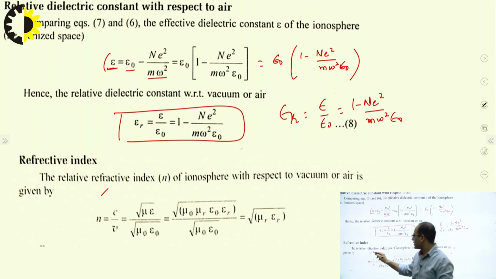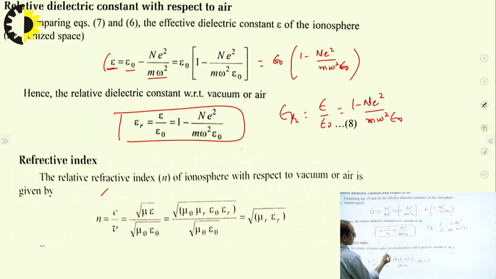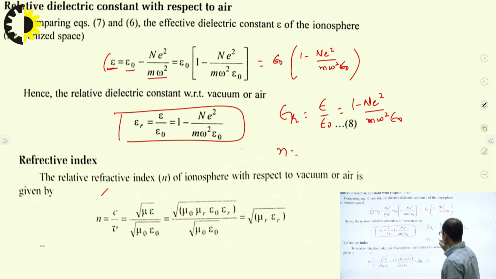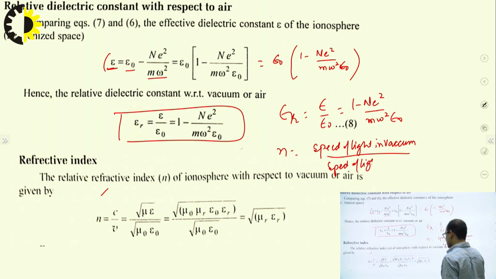Now see, the refractive index of the ionosphere: as we know, the refractive index is equal to the speed of light in vacuum with respect to the speed of light in that medium.